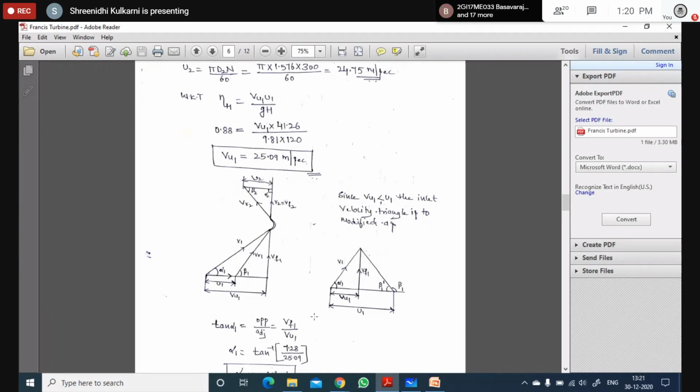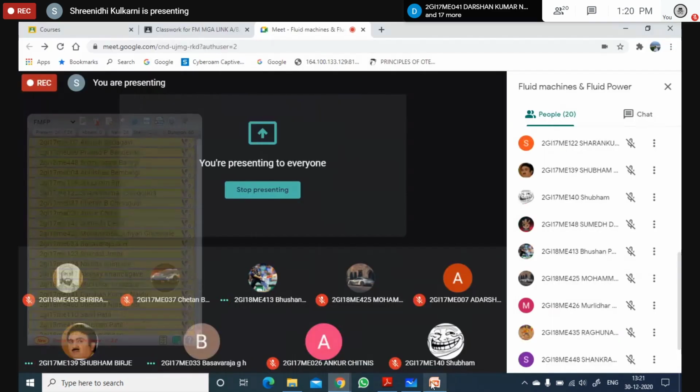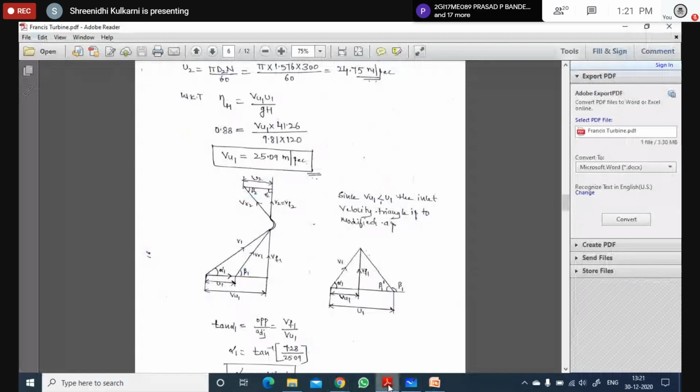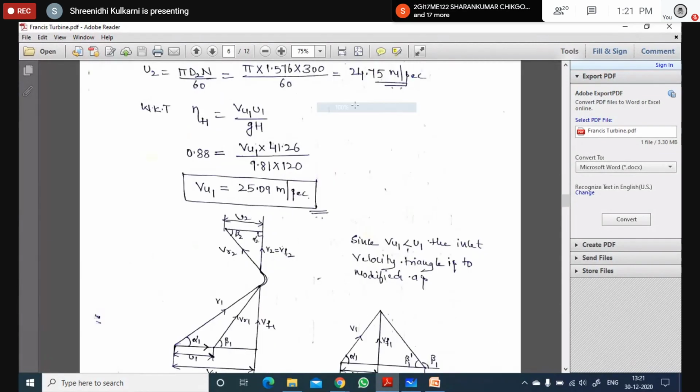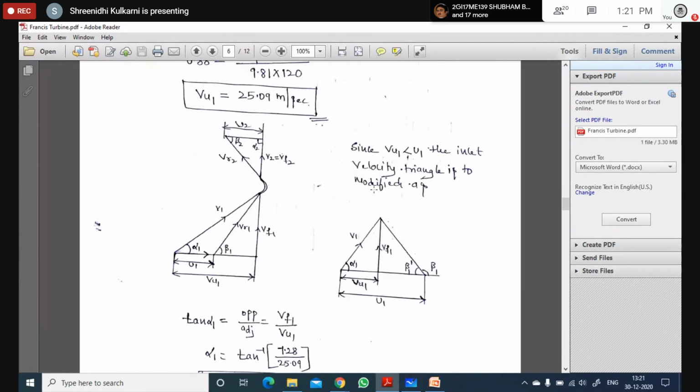So take down the inlet and outlet velocity triangle, and later the modified velocity triangle.